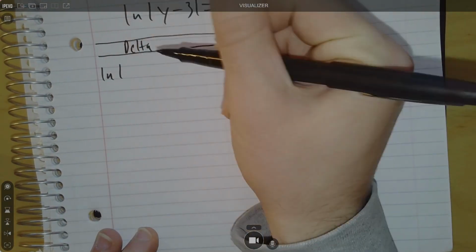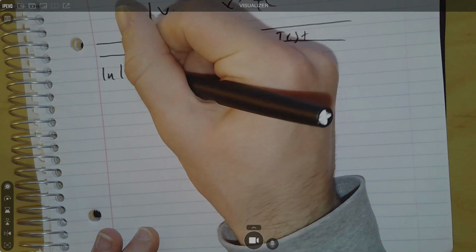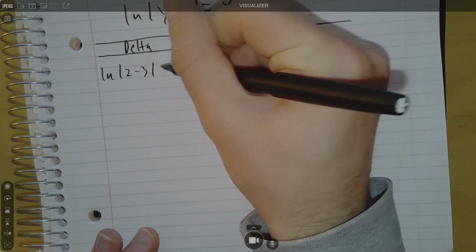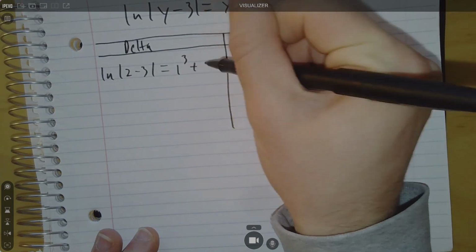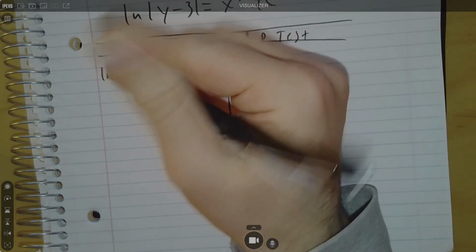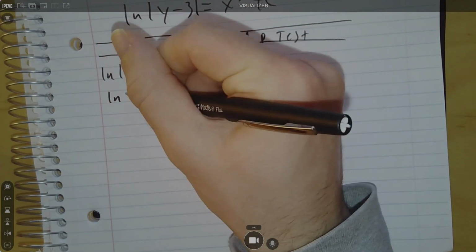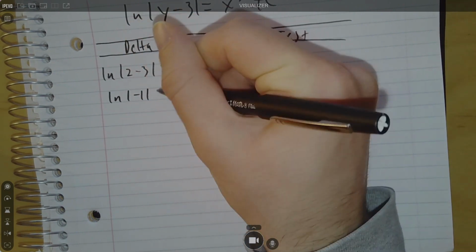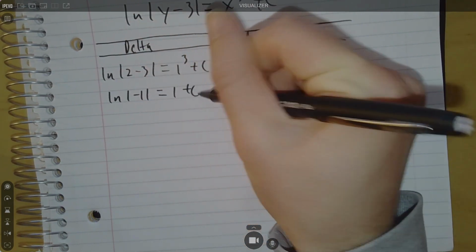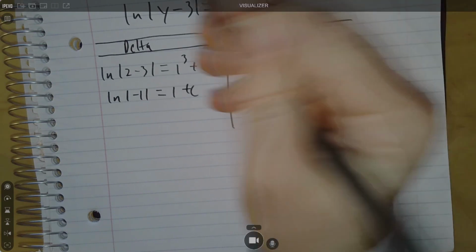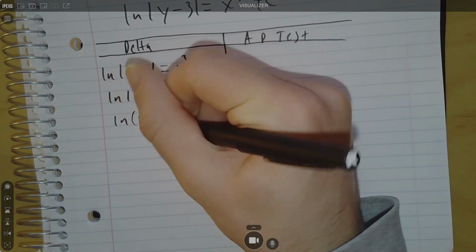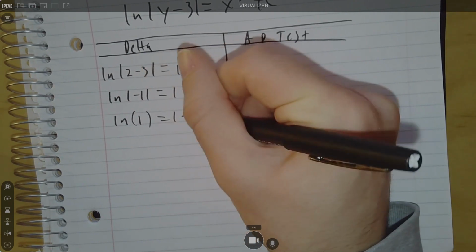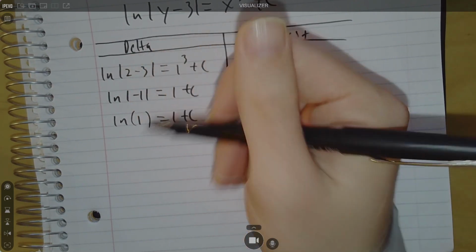They're going to get this: ln absolute value 2 minus 3 equals 1 to the third plus c. And so what you'll get here is ln absolute value of negative 1 equals 1 plus c. Absolute value of negative 1 is just 1. So it's just ln 1 equals 1 plus c. ln of 1 is 0, right?